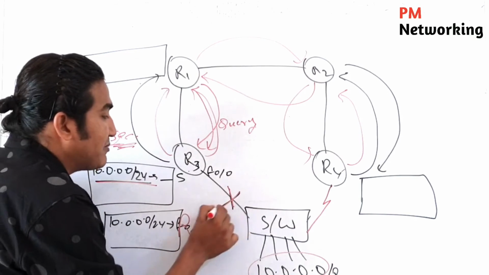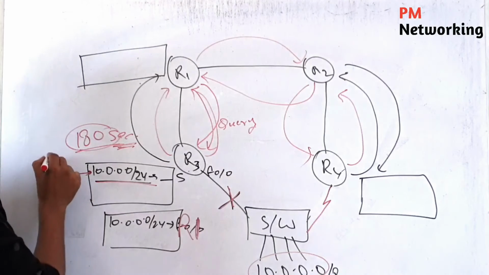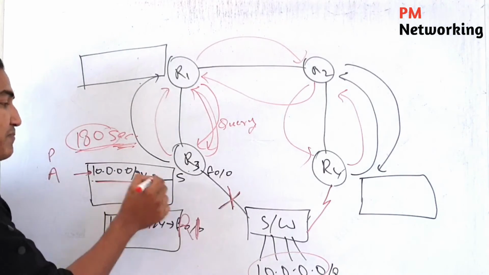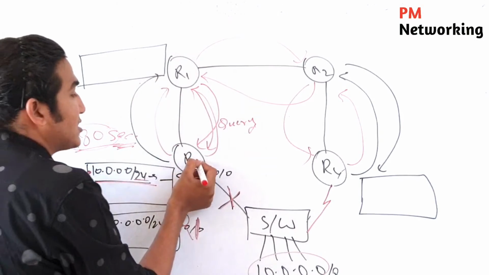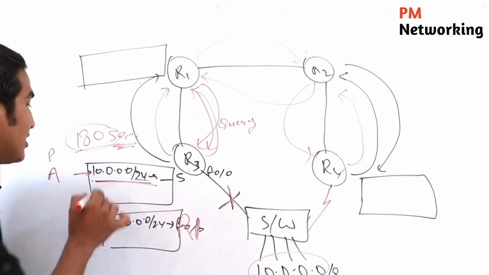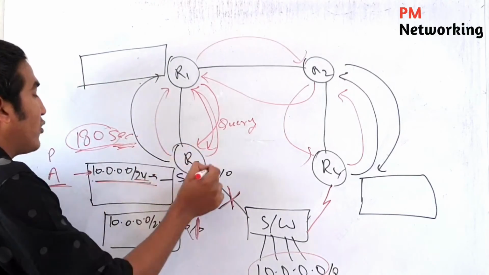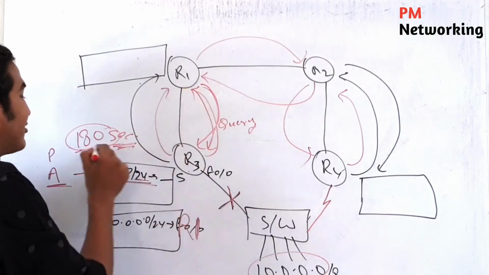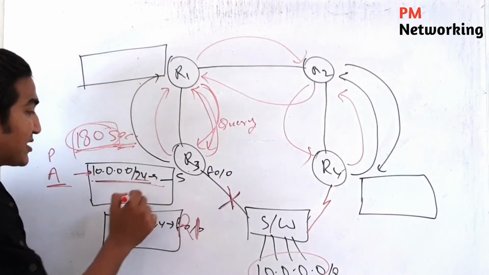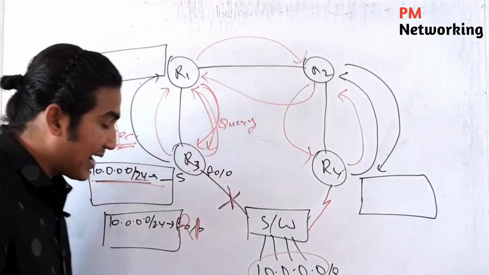Actually when this prefix goes down, it goes from passive to active, right? Passive to active. Now this prefix is in active state because this router is asking R1, do you have an alternate path? And if this router does not get a reply within 180 seconds, this prefix will get stuck in active state.